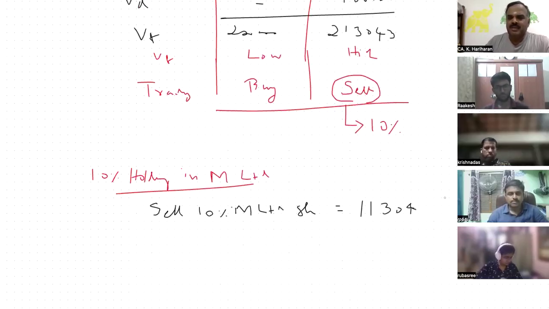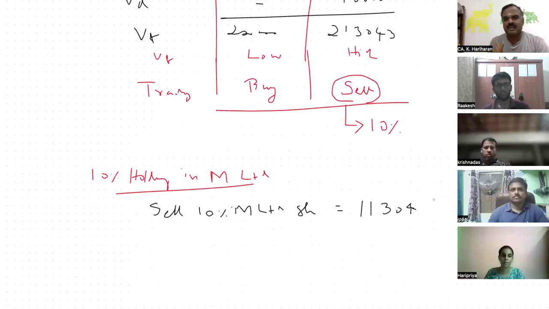But for comparison, M Limited is with debt or without debt? With debt. If you invest the fund in N Limited, is that with debt or without debt? Without debt. Then both are not comparable.